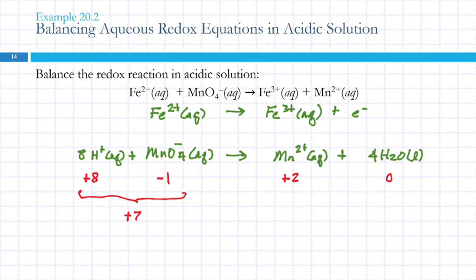Which side's more positive? The one on the left. How much more positive is it? Plus 5. So I'm going to add 5 electrons. Any questions about that?